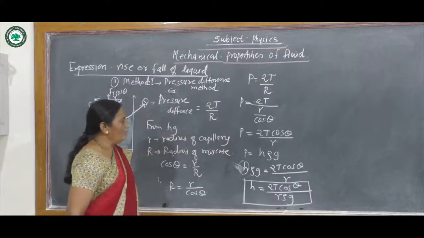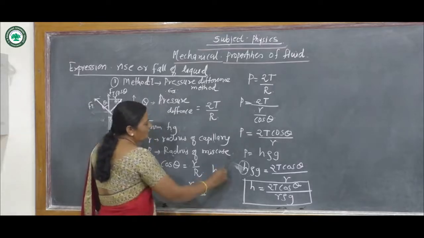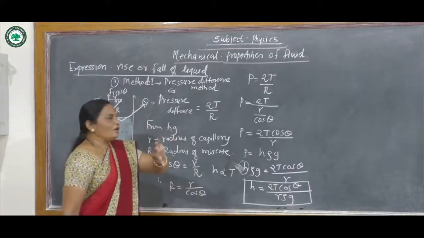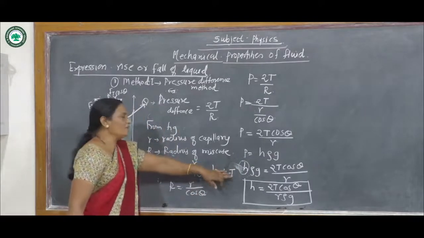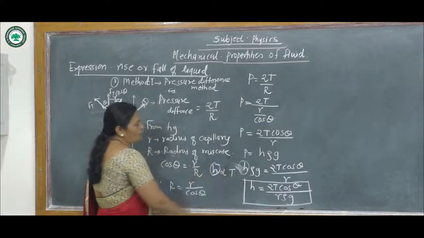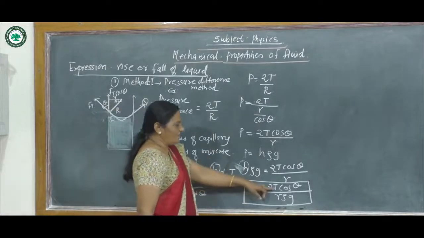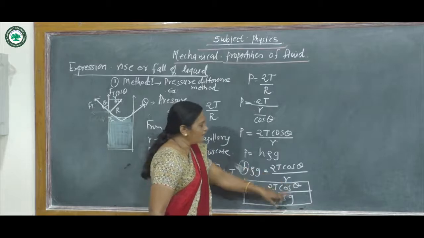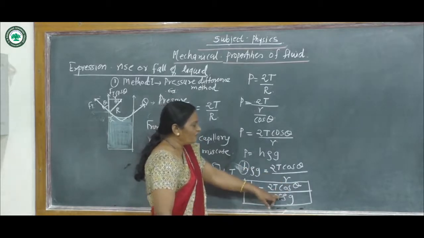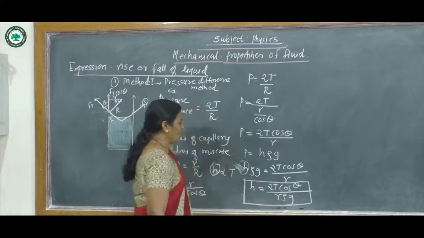From this formula, we can write that H is directly proportional to T, that is, the height of the liquid column is directly proportional to surface tension. Again we can say this rise or fall of liquid level depends upon surface tension, the angle of contact, the size or diameter of the capillary tube, its material, and gravitational acceleration.